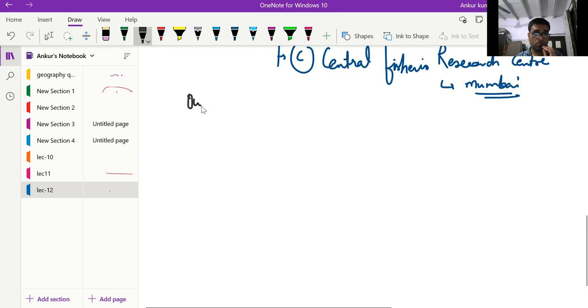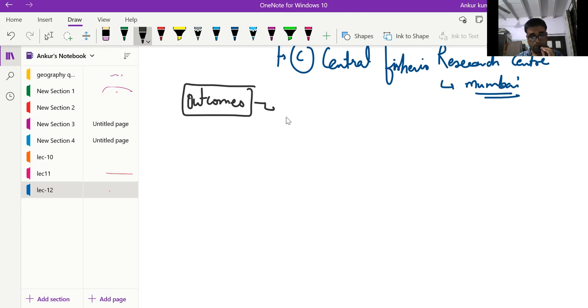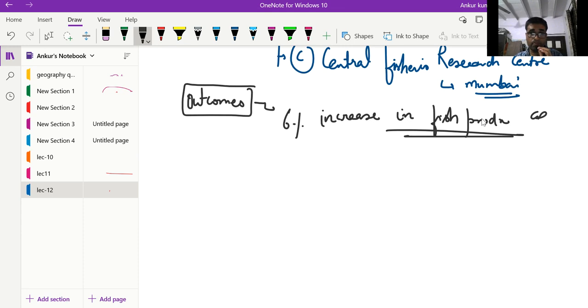So outcomes were that the productivity increased 6%. There was 6% increase in fish production as compared to pre blue revolution time.